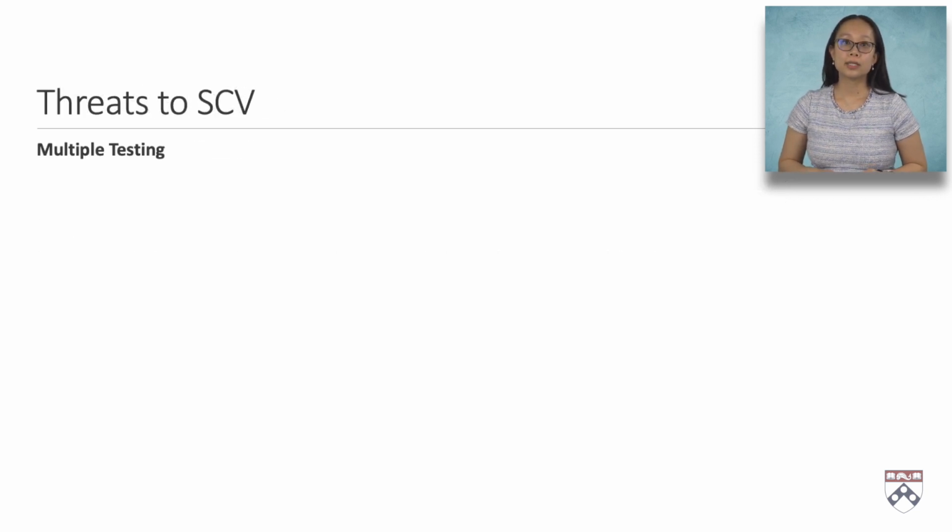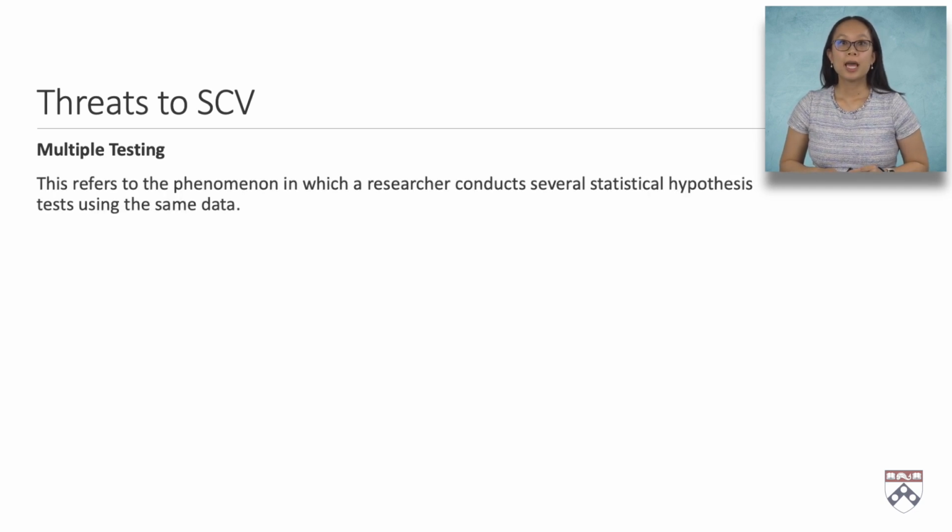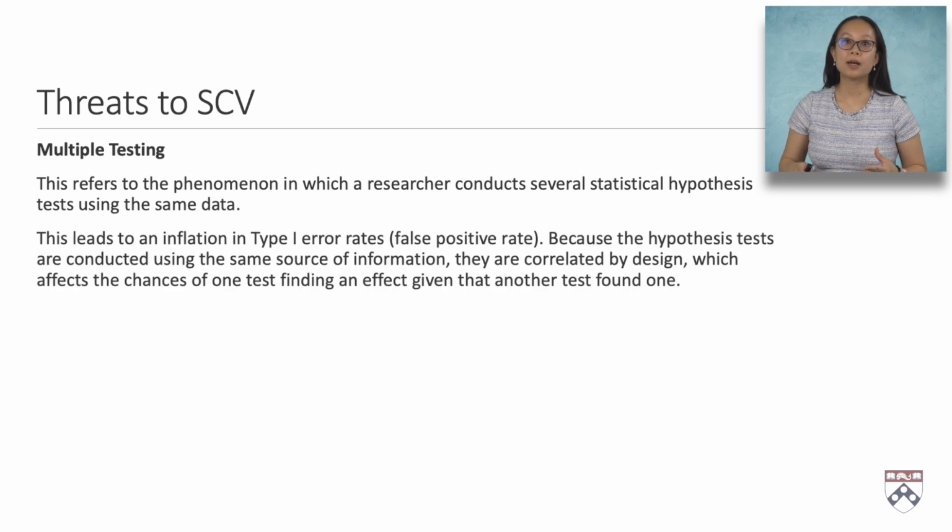Another threat to statistical conclusion validity has to do with multiple testing. And this refers to the phenomenon in which a researcher conducts several statistical hypothesis tests using the same data. And this is very common whenever a researcher collects multiple outcomes on the same population of students, for example, and performs a separate test for each outcome, even though they all come from the same population of students.